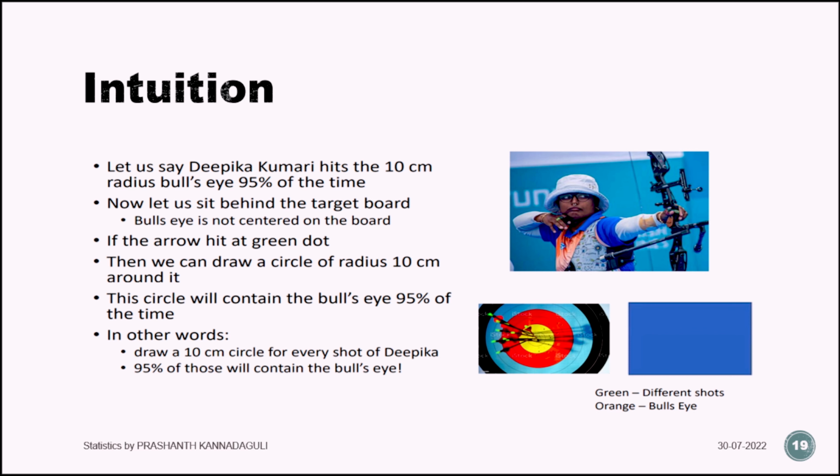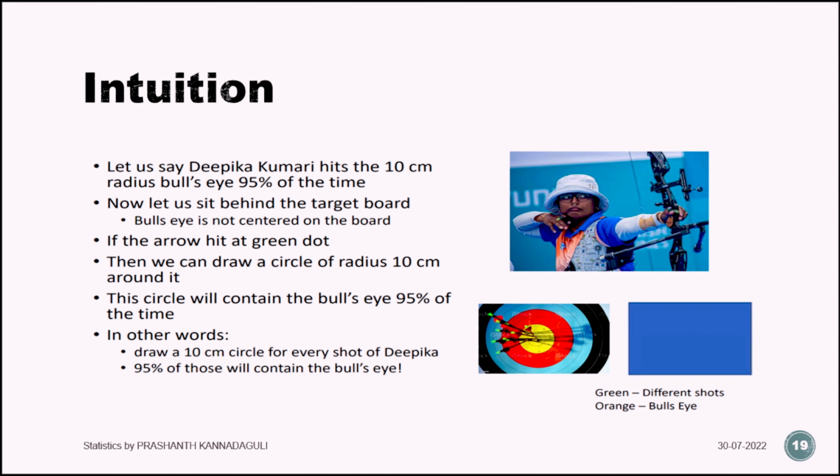That's why we make this statement. The circles you are drawing, without knowing where the bullseye is, sitting on the backside, will contain the bullseye 95% of the time. Now you see, this is the confidence.